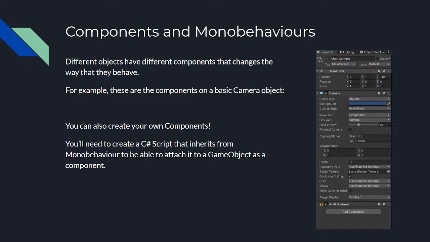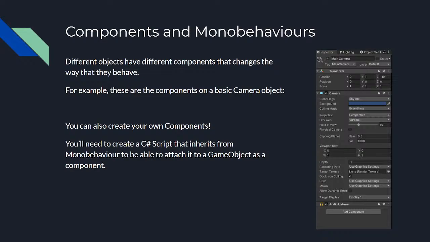We don't have to worry about the details of what the camera does, but know that each component gives an object behavior and changes the way it acts. But for this stream, we'll be creating our own component using MonoBehaviour. MonoBehaviour is everything that you can attach to an object as a component.